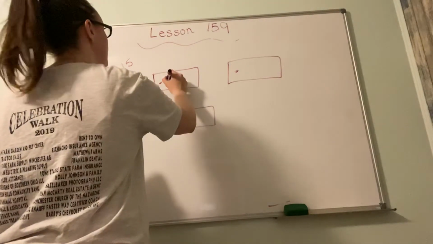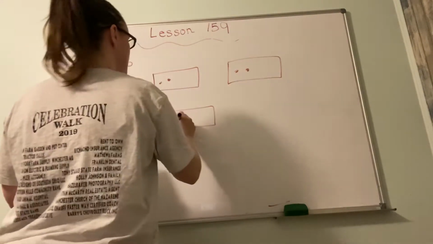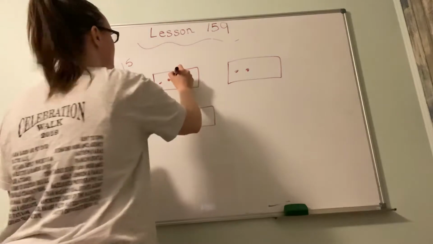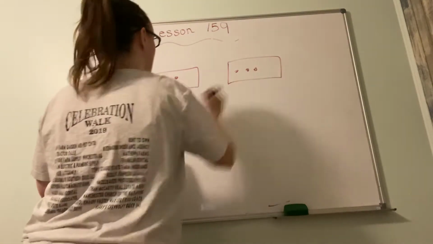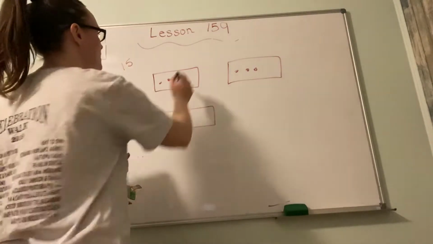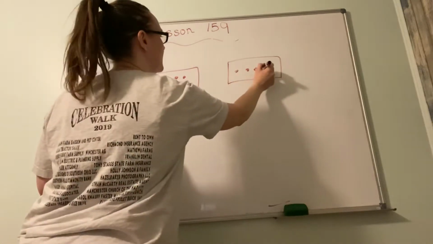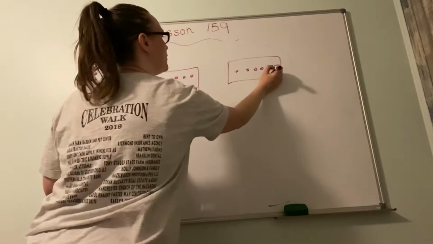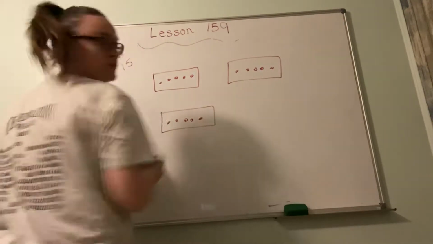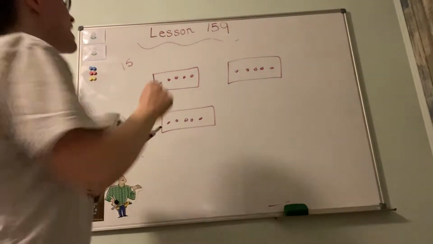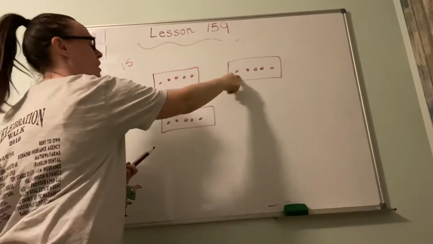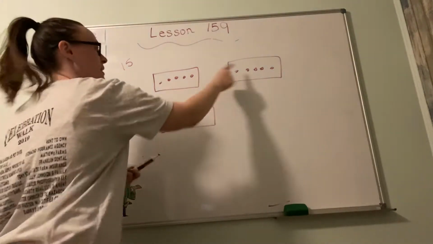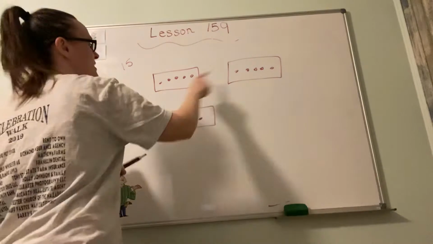We have 4, 5, 6 workers, 7, 8, 9 workers, 10, 11, 12 workers, 13, 14, 15. That's all the workers, and we did it equally because we put 1 in each group before we went and put a second one in each group and then a third.